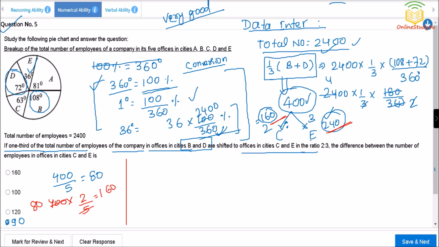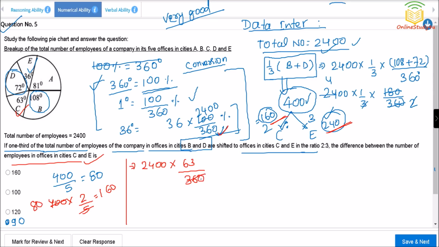Okay. Now, friends, we have to see what they're asking: the difference between the number of employees in the offices in cities C and E. So now we have to see how many were there earlier in C and E. So total is 2400. C is 63 degrees. So if you want to convert into percentage, what you need to do is divide it by 360. That's all.